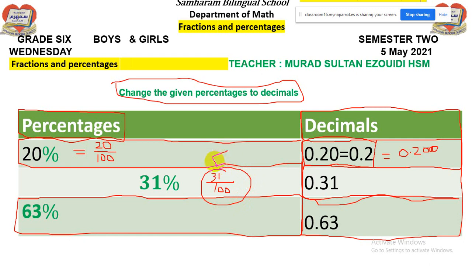And this one, my learners, is a decimal. This is a decimal, this is a fraction. Now I will change to percentage. So 31 divided by 100, my learners, is 31%.